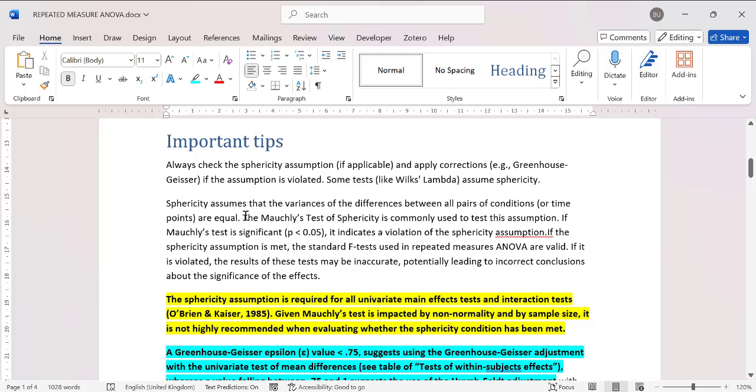The null hypothesis for Mauchly's test of sphericity is that the variances are equal. When Mauchly's test of sphericity is significant, less than 0.05, it means that the variances of the differences between all the pairs at different time points are not equal. That means the assumption of repeated measure ANOVA is violated.